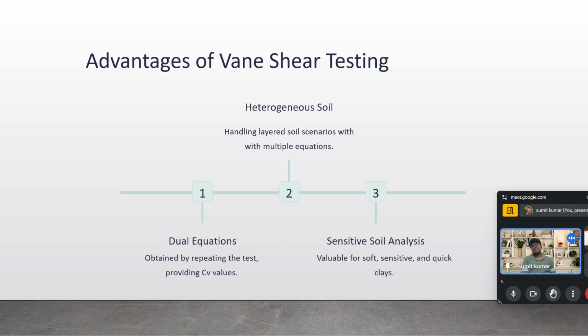So in the vane shear test, the dual equation is obtained by repeating the test, providing the Cv value, and in heterogeneous soil, the layered soil scenario with multiple equations, as well as sensitive soil analysis, it is valuable for soft and sensitive soils and quick clays.